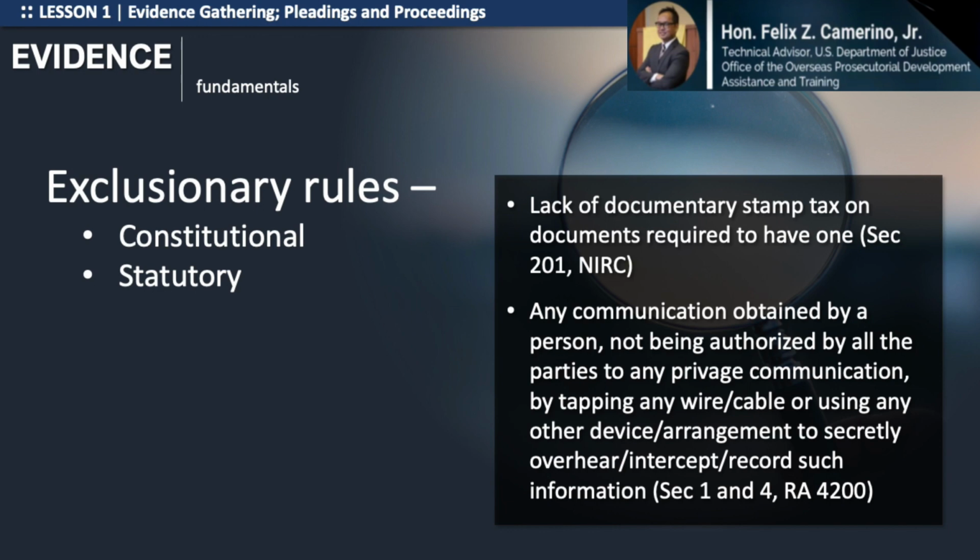Okay. Now the second example is also referring back to one of the constitutional provisions that I mentioned, the right to privacy of communication. So this one refers to the anti-wiretapping law, RA 4200.